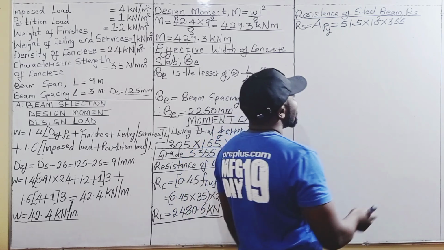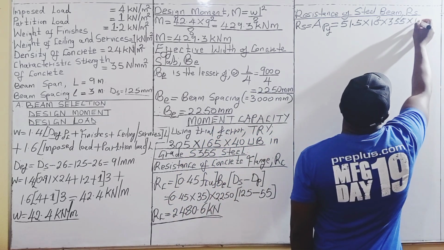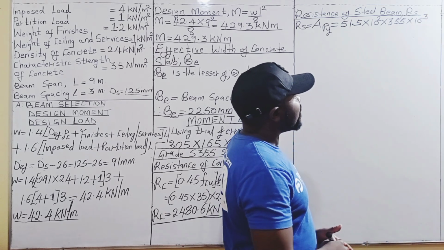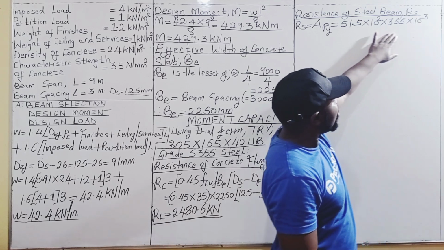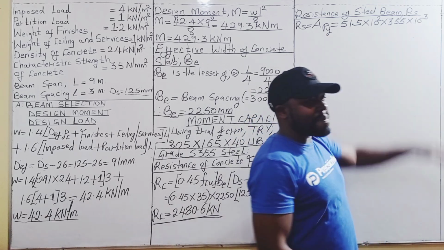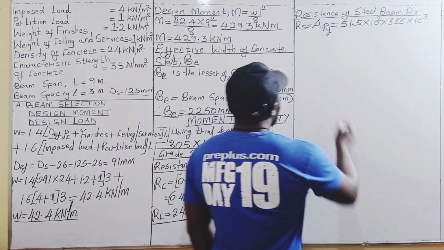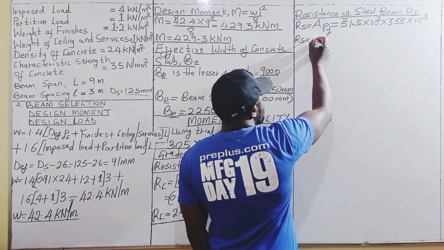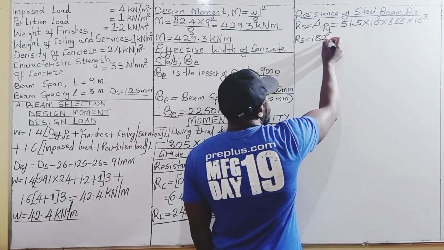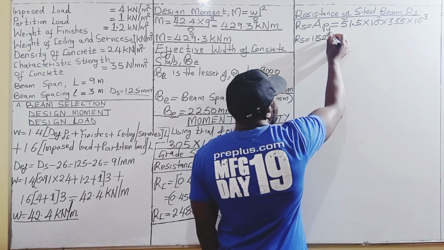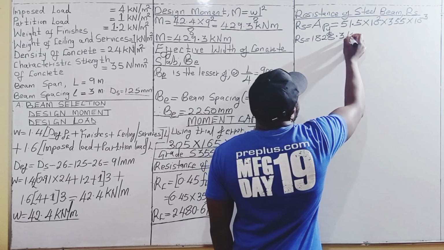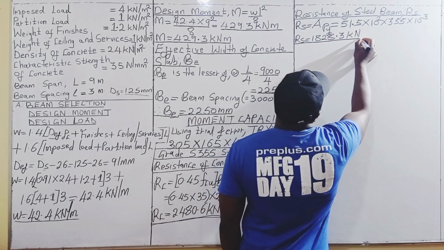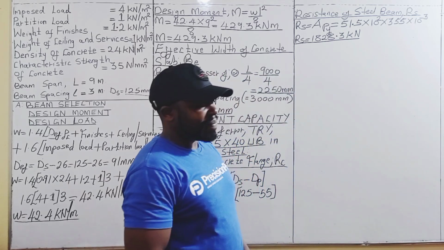And since we want the answer in kilonewtons, we are going to multiply by 10 raised to the power of -3, or divide this calculation by 1,000. By doing so, we are going to get RS being equal to 1,828.3 kilonewtons. So that is the resistance of the steel beam.